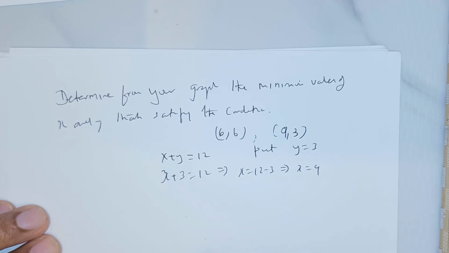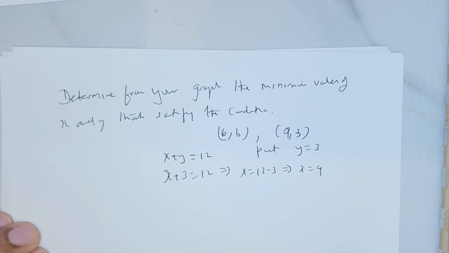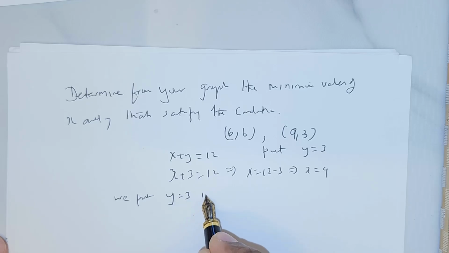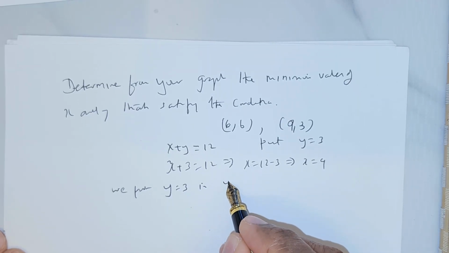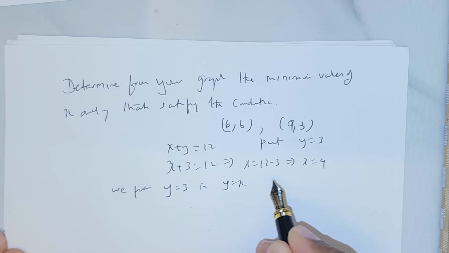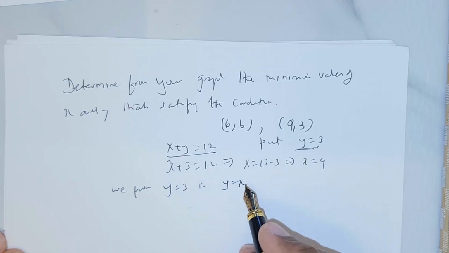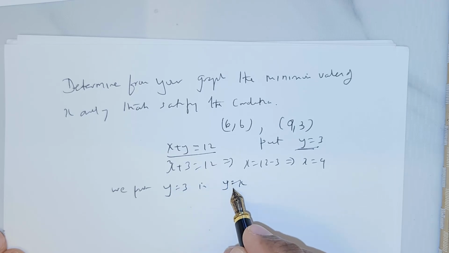Now we need to get one more point. Now for that point we put y is equal to 3 in y is equal to x. For this y is equal to 3, we substitute in y is equal to x.